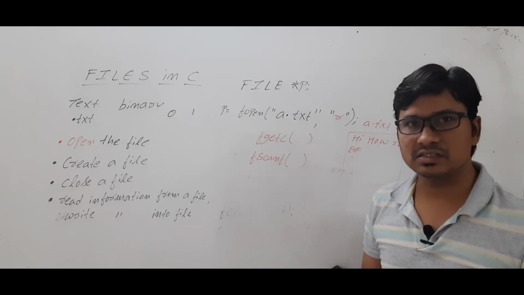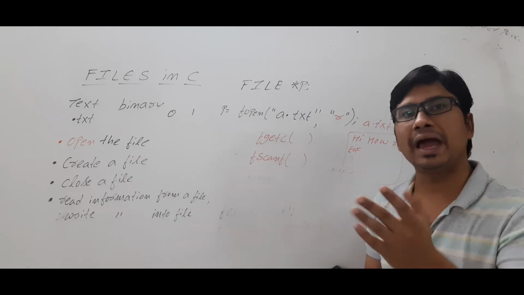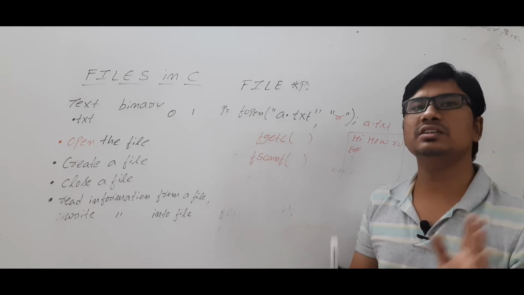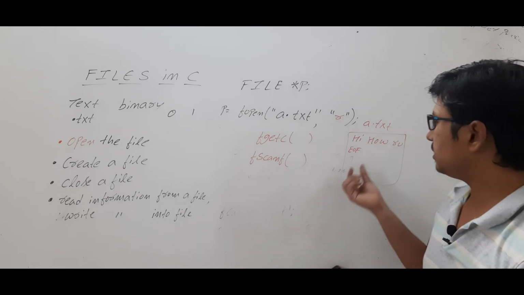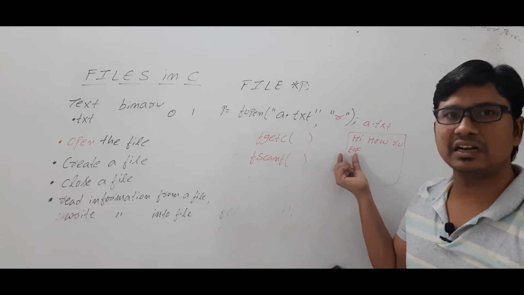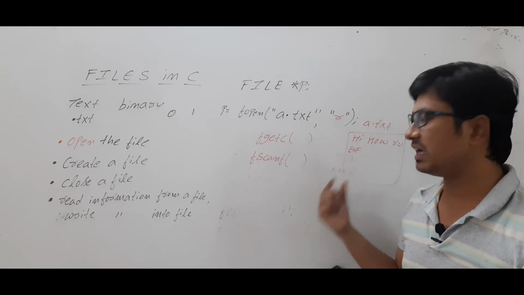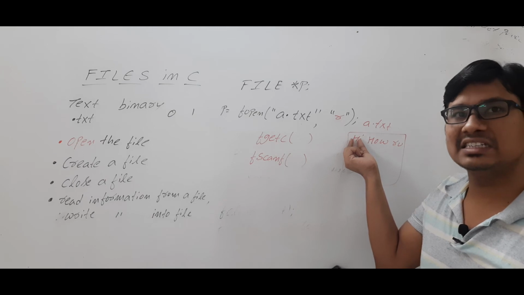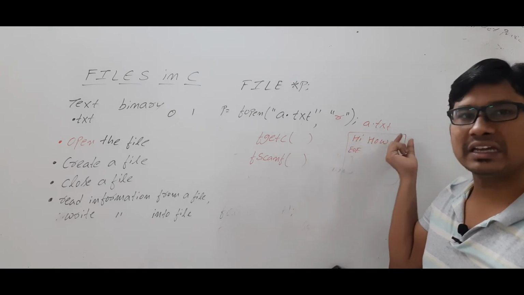Similarly, a string ends with a \0, which represents that the string has ended. Similarly, if you want to know where the file has ended, you can use the special character EOF, end of file. So fgetc reads character by character.